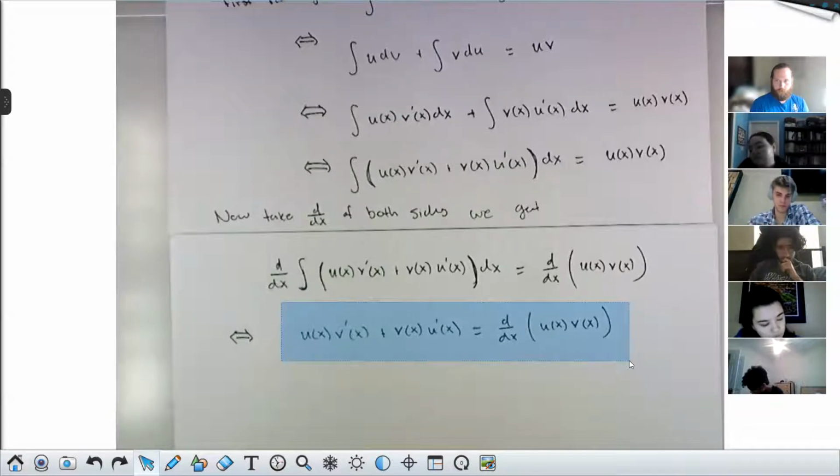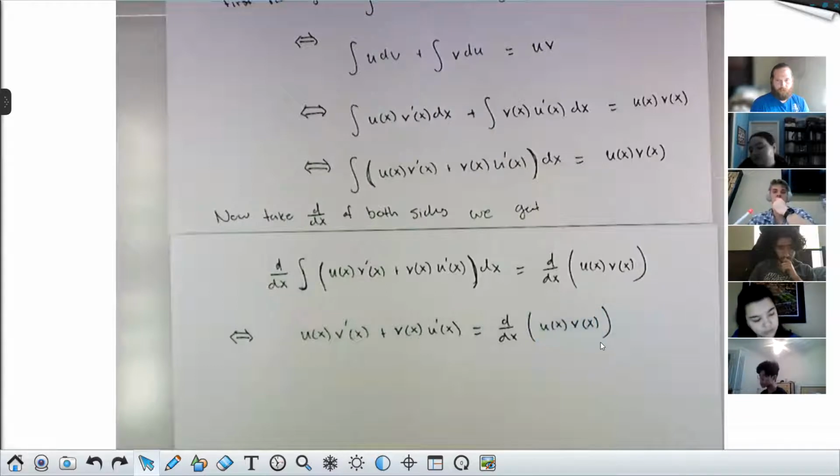Right? This is the product rule from Calc 1. Section 3.2 in your textbook. The derivative of a product of two functions, u times v, is u prime times v plus u times v prime.